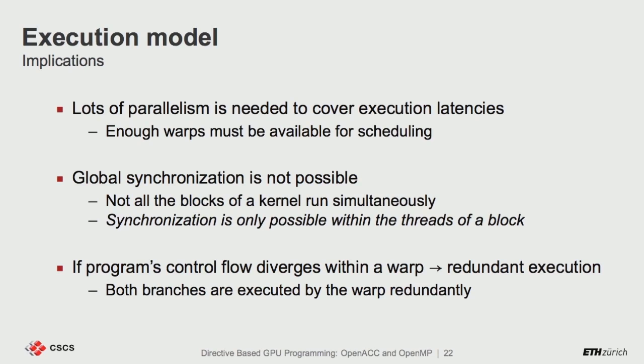So this model might seem a bit complex. Well, at least it's a bit different from what we have learned about GPUs, and it has some implications as well. As I said, and have accentuated before, we need lots of parallelism. We need to have lots of available warps. So you can't go with like 10 threads.